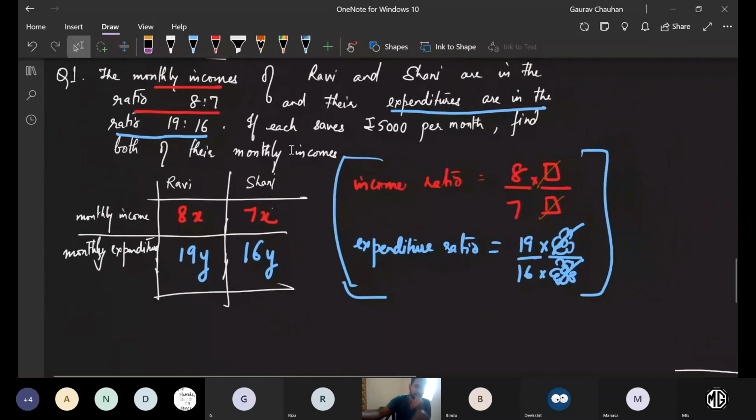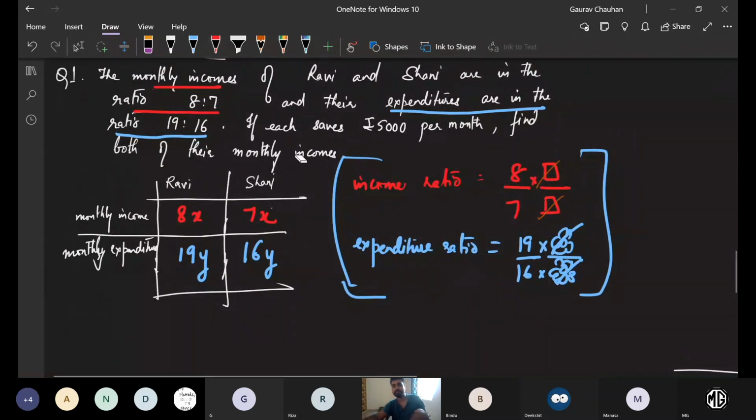How do we form the equation now? One more information you know which will help us form the equation. Go ahead. Sir, after the savings, sir, from there we can form an equation. Expenditure is something which we use, no, sir. So from the income, we are subtracting the expenditure and saving 5,000. Correct.